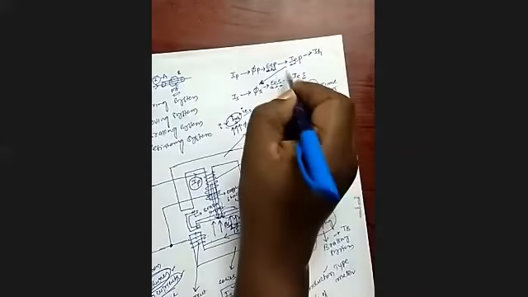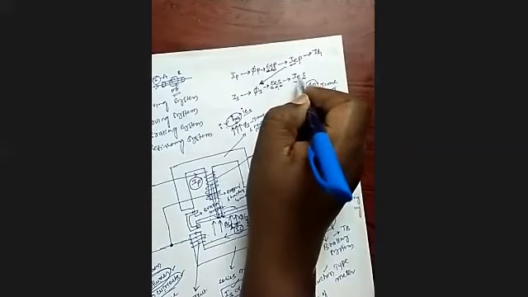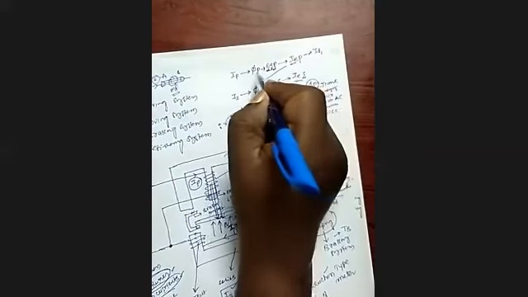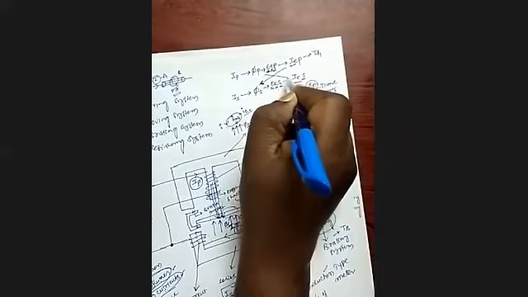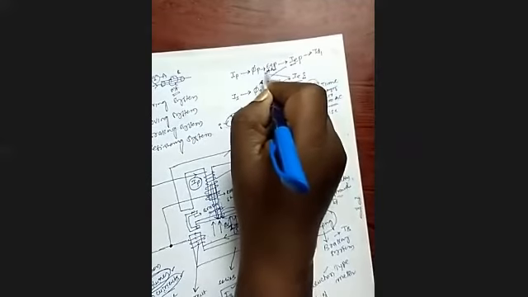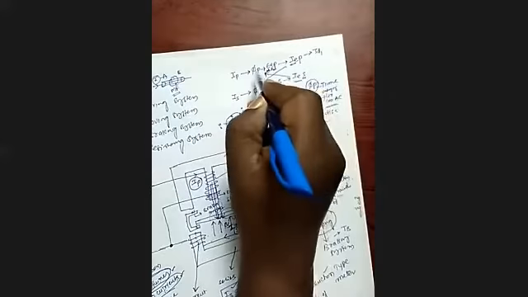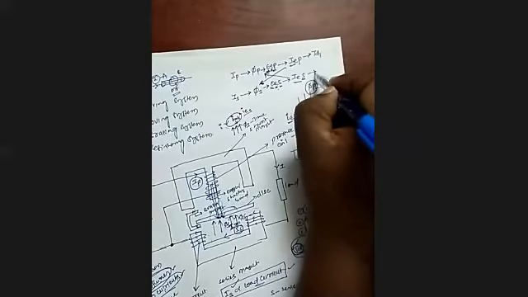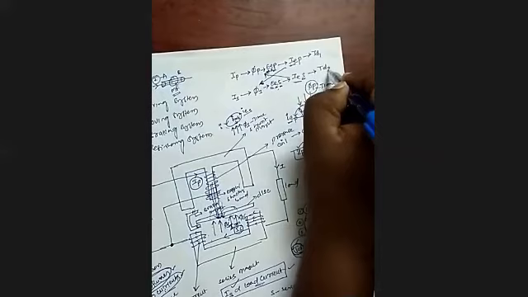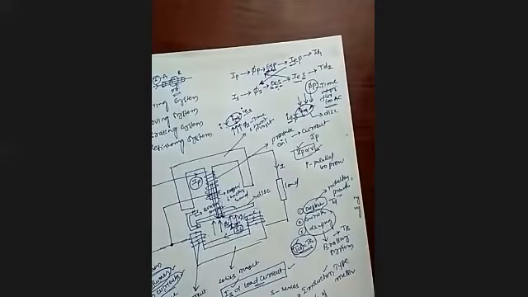Similarly, the eddy currents produced because of the series flux interact with the pressure coil flux, producing some deflecting torque, that is TD2.